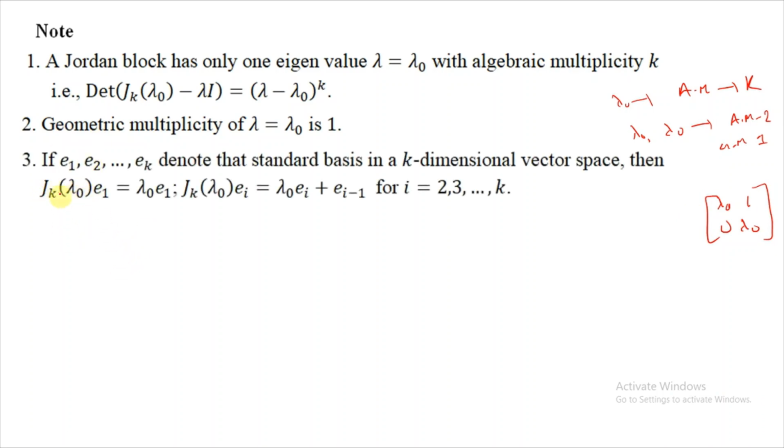Now, generalizing, let e1, e2, ..., ek denote the standard basis in the k dimensional vector space.